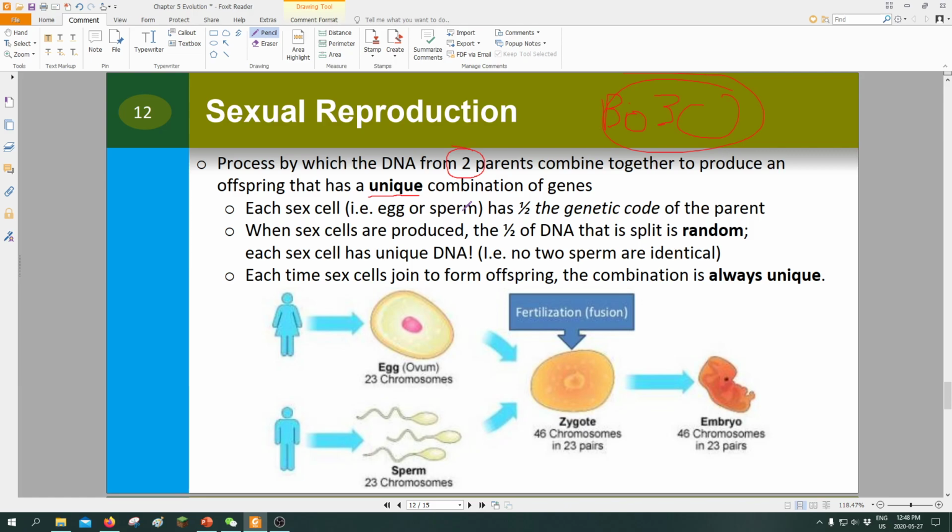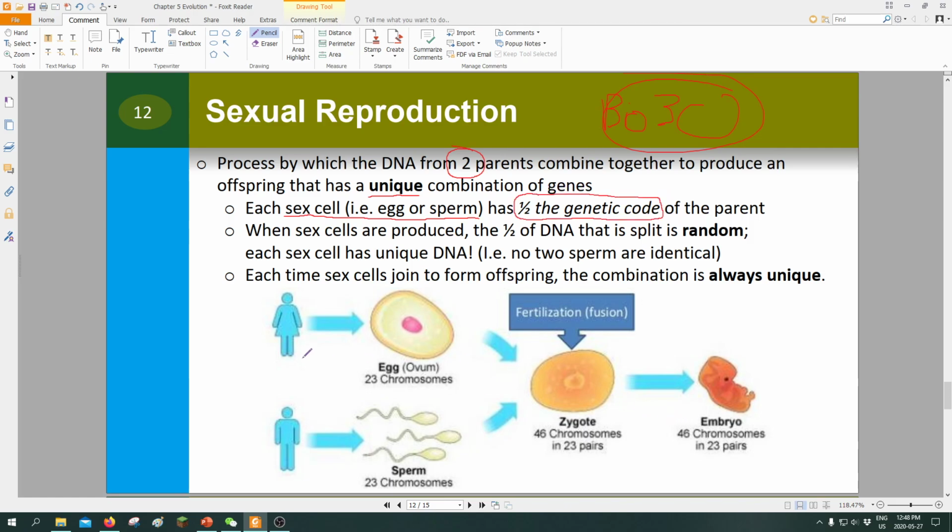One is non-sex cells, like the skin cells on your body, or like the hair cells, or like the stomach cells, etc. They are not sex cells, okay? They cannot reproduce. They just make copies of themselves when, you know, your skin flakes off, okay? However, you can make sex cells, for example, sperm or eggs. And each of those cells actually has only about half the genetic code of your entire being, okay?